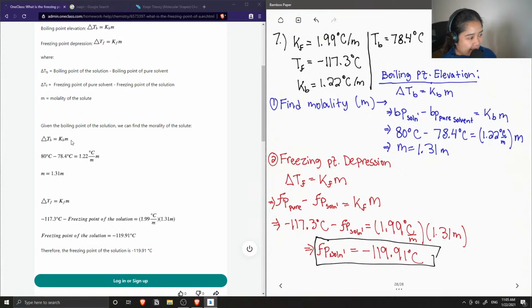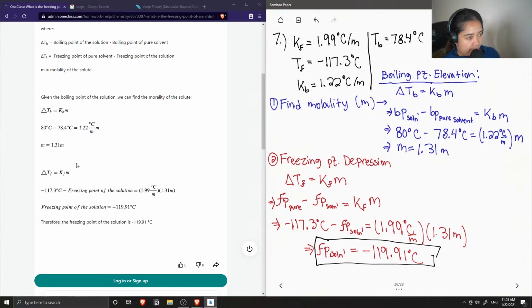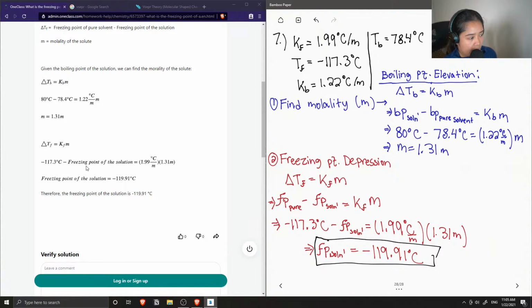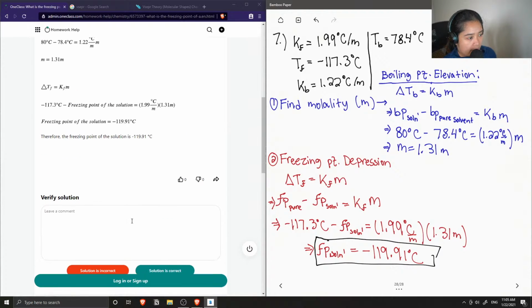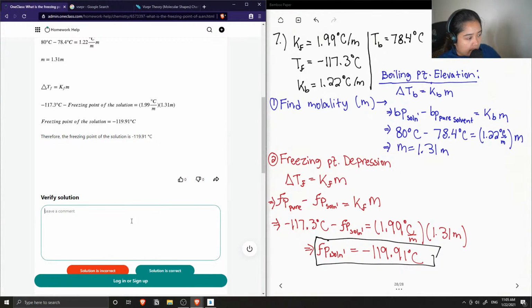And they got 1.31 meter. Now they use the freezing point depression equation to solve for the freezing point of solution, and also got negative 119.91 degrees Celsius. So this solution is correct.